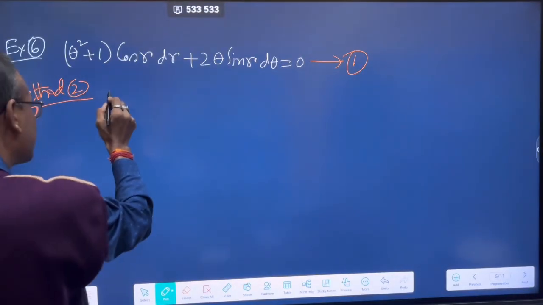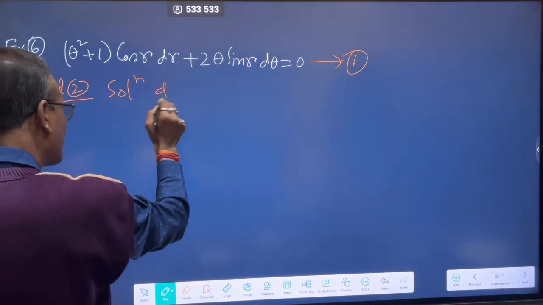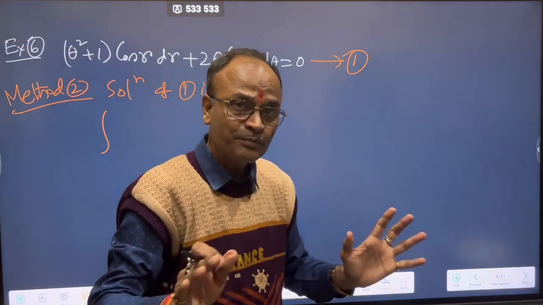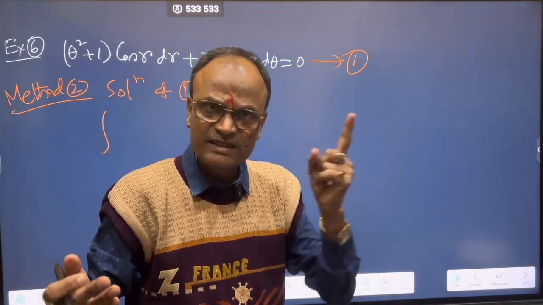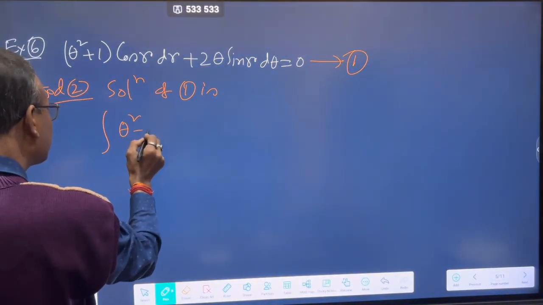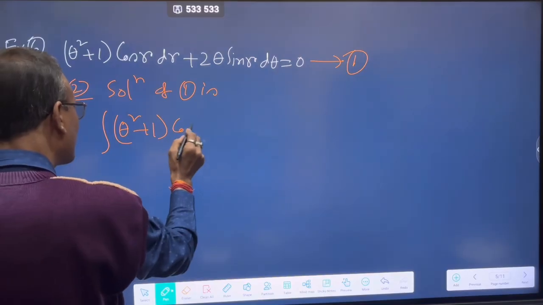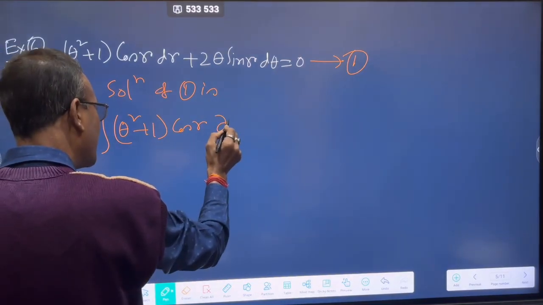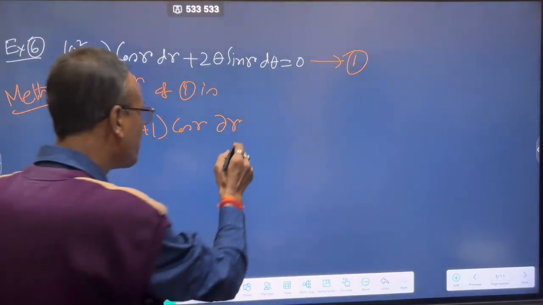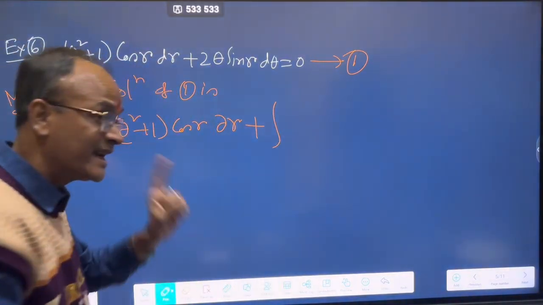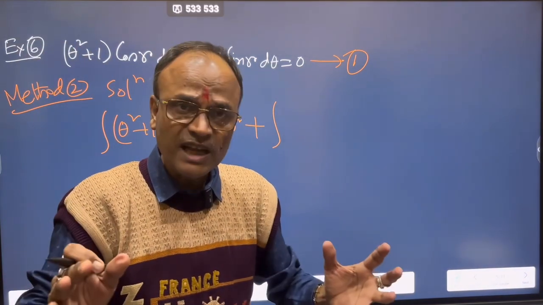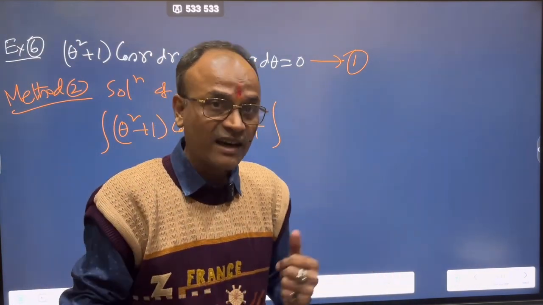The solution of 1 is the integral of M dr, treating θ as constant, plus the integral of N dθ, taking only those terms which do not contain r.